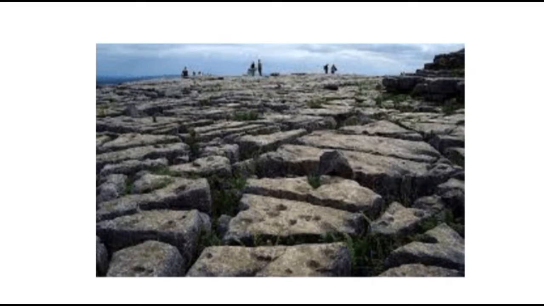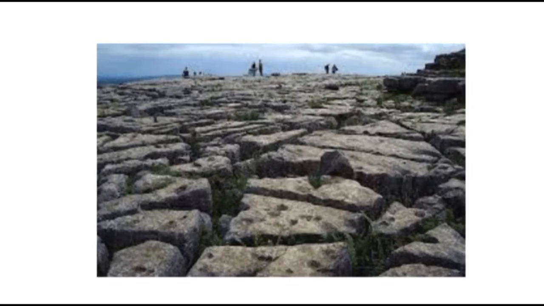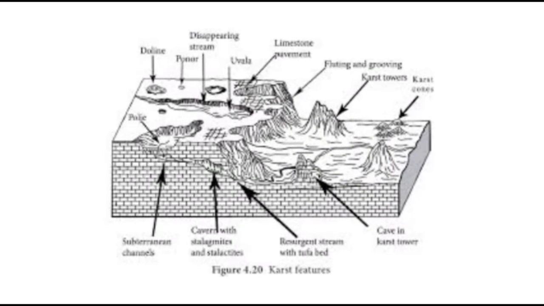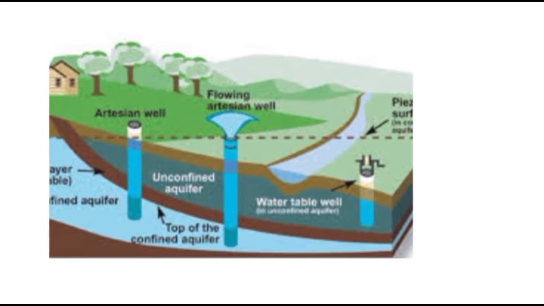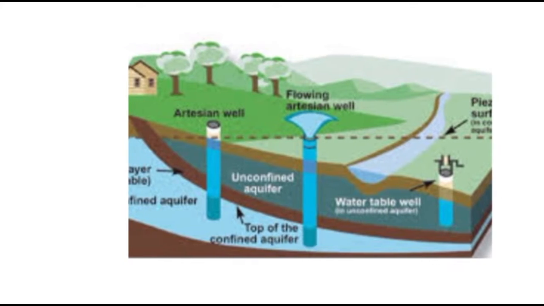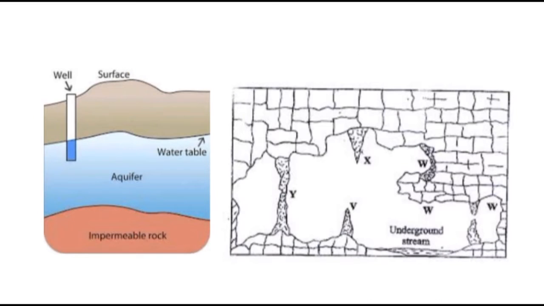First, let's look at the nature of the rock in karst topography or region. In karst topography, there is a great extent of underground water in many forms, either as springs, vaucluses, resurgence, wells, or underground water in the aquifer.